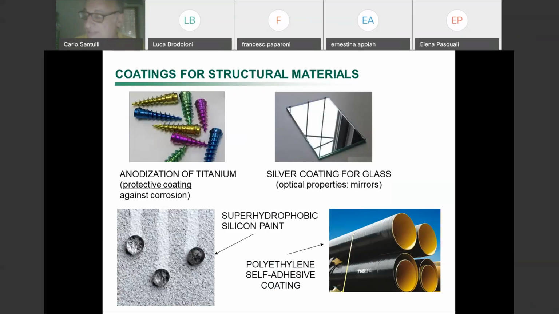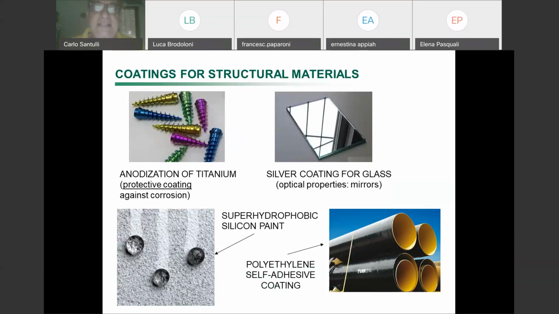There are other cases in which you apply a coating for other reasons. For example, anodization. Anodization is very diffuse for aluminium in particular and titanium as well, although aluminium is more diffuse also because it's cheaper than titanium.